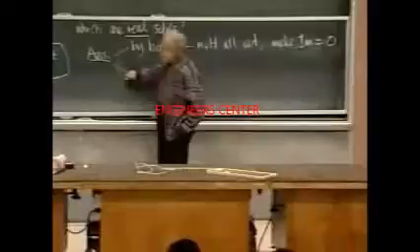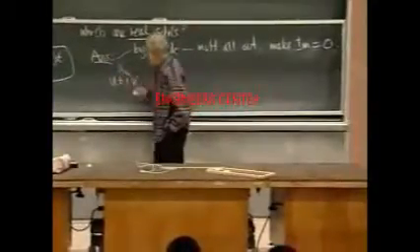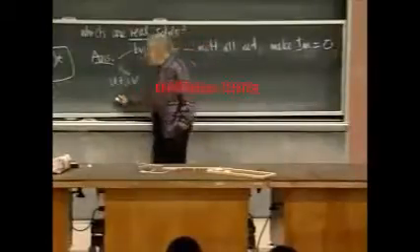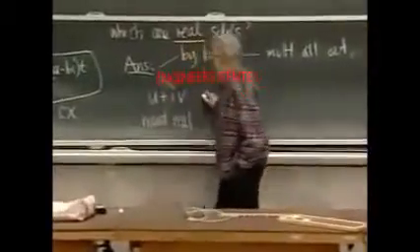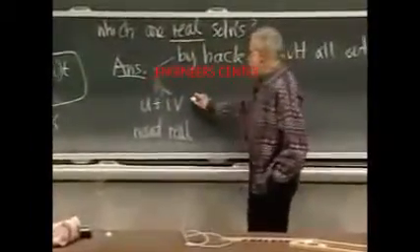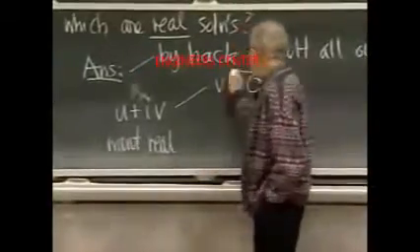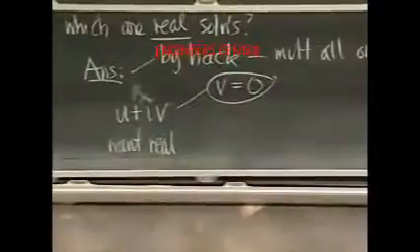What I'm trying to do is, this is some complex function, u plus iv. How do I know when a complex function is real? I want this to be real. Well, the hack method corresponds to saying v must be equal to 0. It's real if v is 0. So expand it out and see when v is 0.